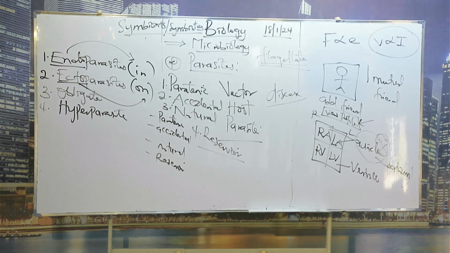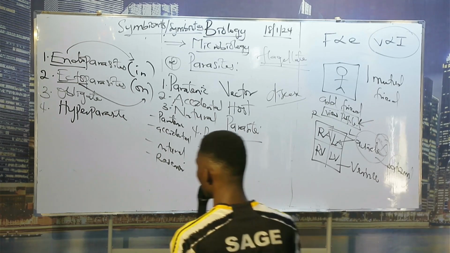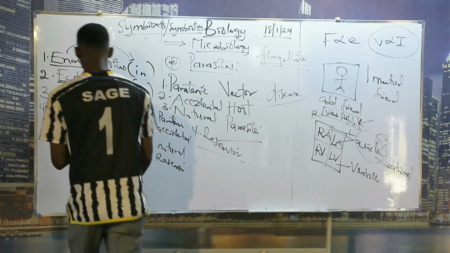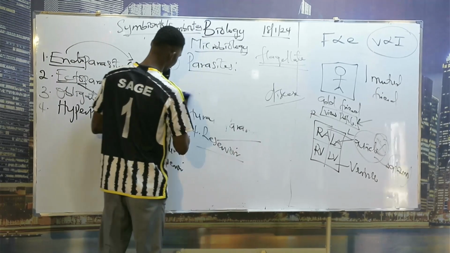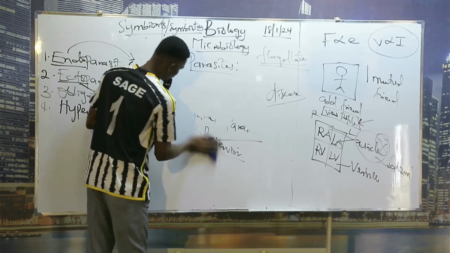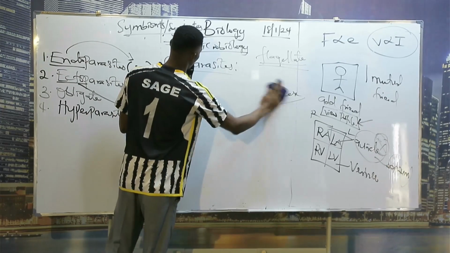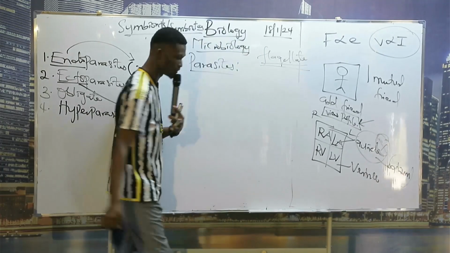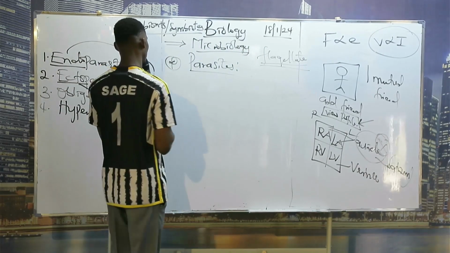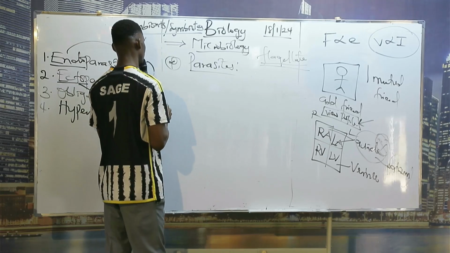A pathogen is simply a disease-causing organism. Full stop. This can be summarized below. Then we have something like this.